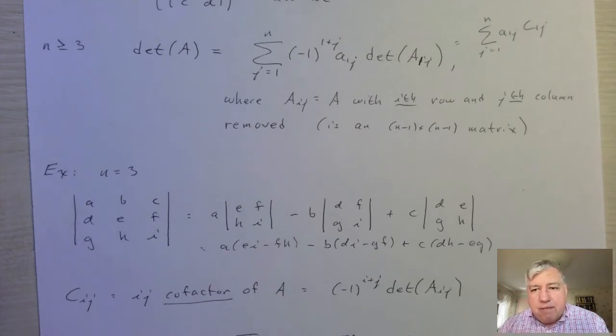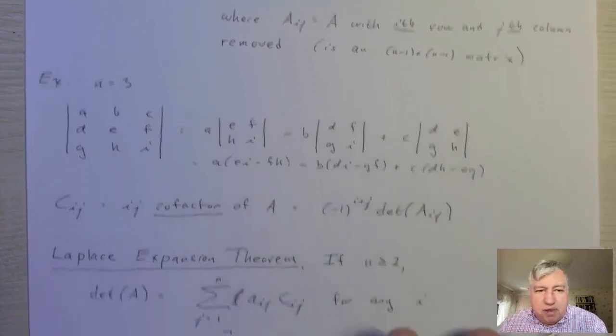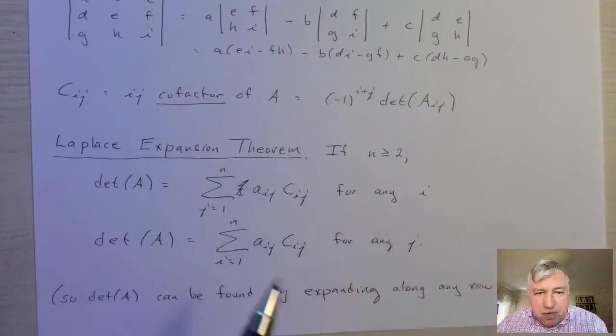Because we have computers and calculators that will compute these determinants for us, we're not going to focus too much on the computations. We're going to focus on the properties and what information these properties tell us. But I just want you to be aware of a few things about computing.